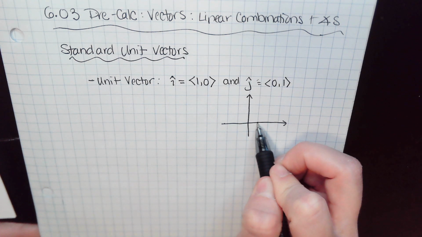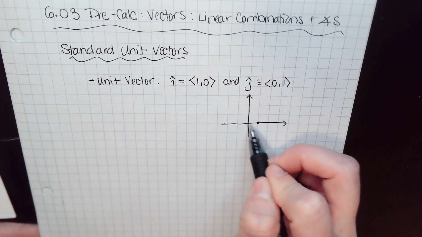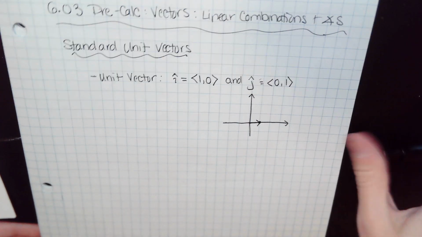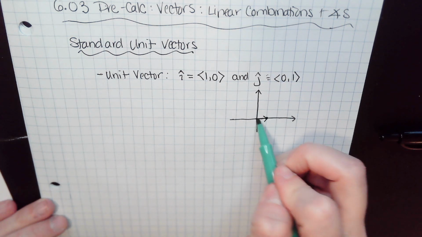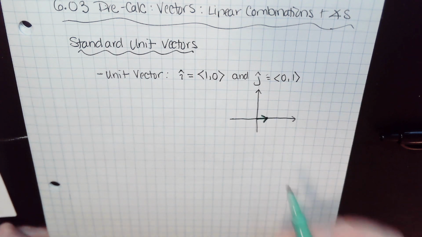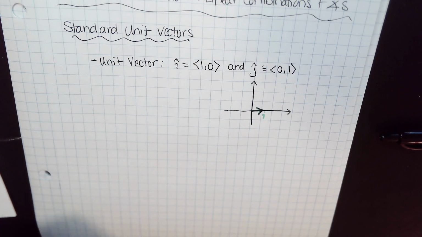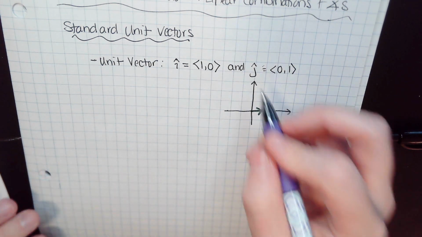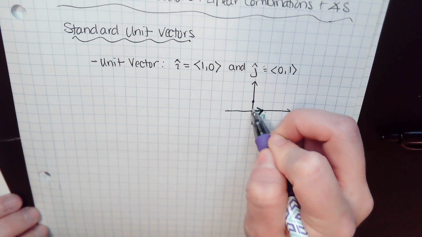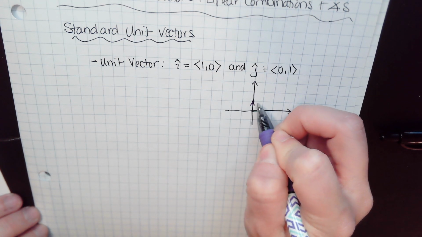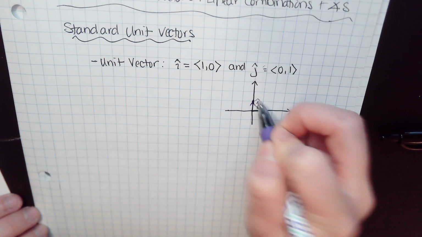So if I go over here to 1, 0, this right here, shown in green so you can see it a little clearer, is going to be vector i. And if I go to the point 0, 1, that's going to be vector j.